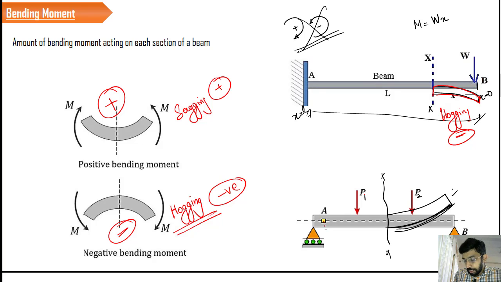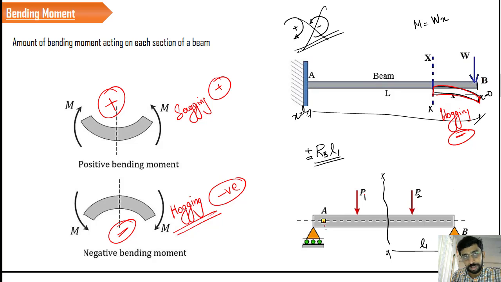Therefore, the moment created by this reaction, say at distance L1, the value RB into L1, will be given a positive sign. We have considered RB and taken its effect, nothing but RB into L1, and the nature is sagging, so a positive sign is given.